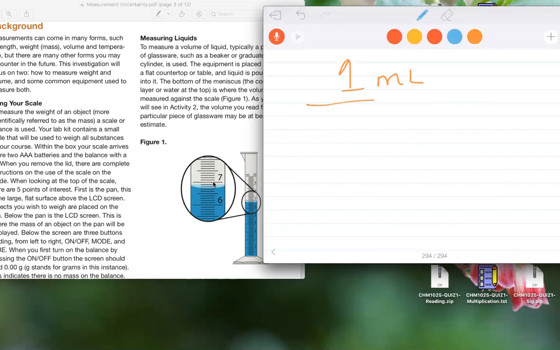So we have 10. That's how you determine what each small line divides. You have to count how many there are in between two readings.